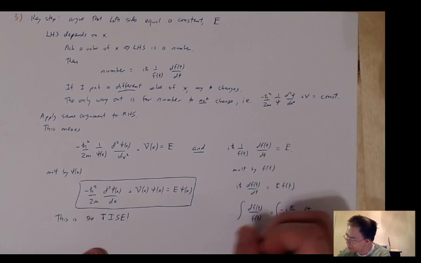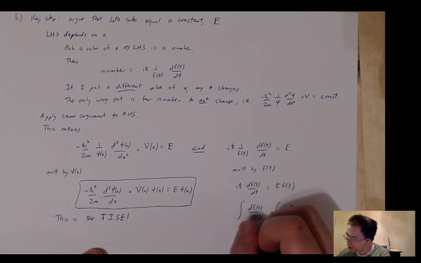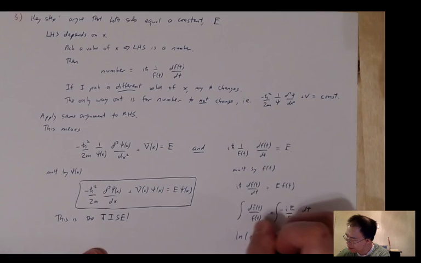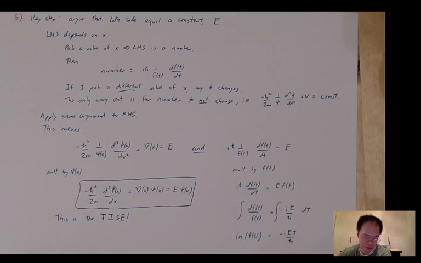So the integral of df over f integrates to the natural log of f of t. This side equals minus i E t over h bar plus some constant of integration. I'll just call that plus c.